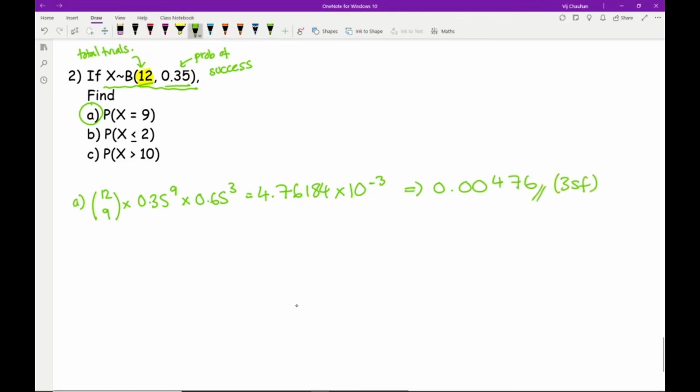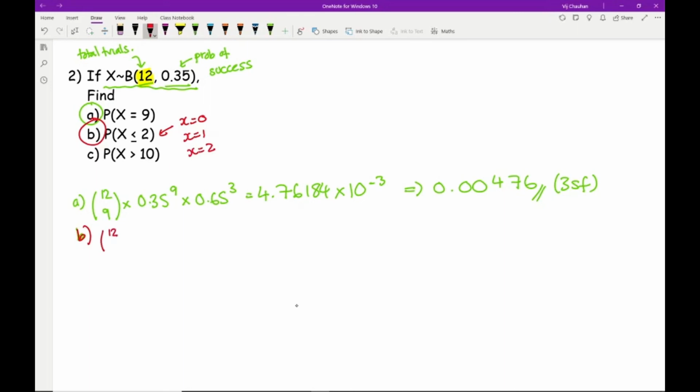Now for B, which I'll do in red, I'm looking for where x is less than or equal to 2. So I'm looking for when x is 0, when x is 1, and when x is 2. Let's go for when x is 0.